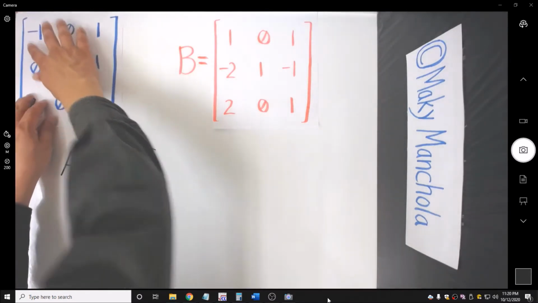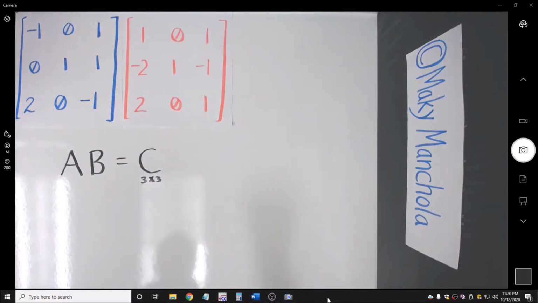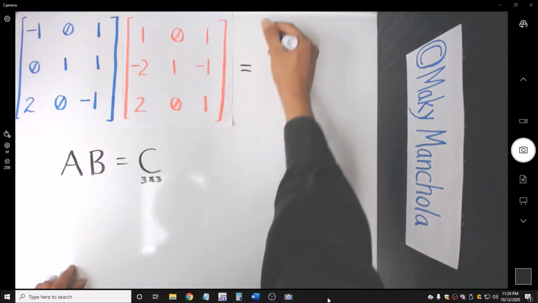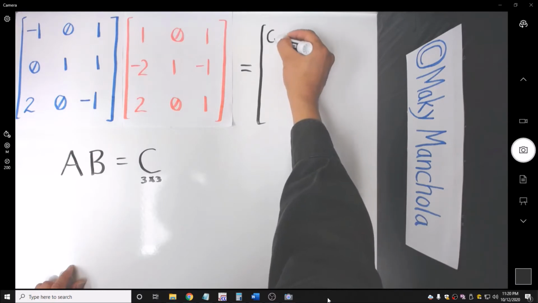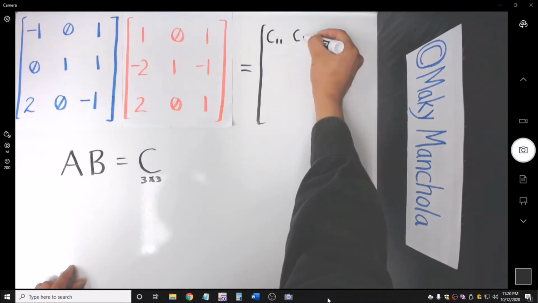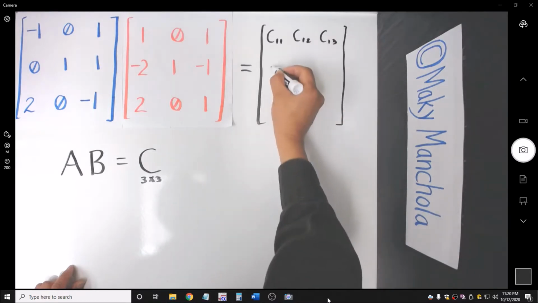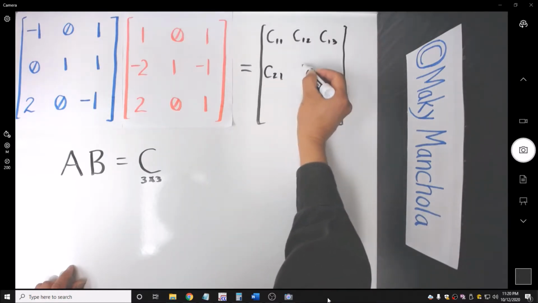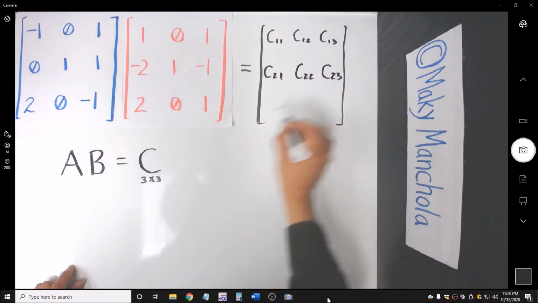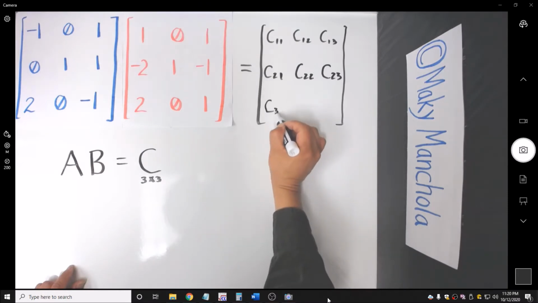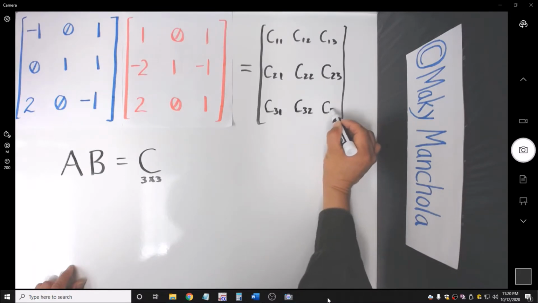Okay, so then in entry-wise notation, C has first row C11, C12, C13, second row C21, C22, C23, third row C31, C32, C33.